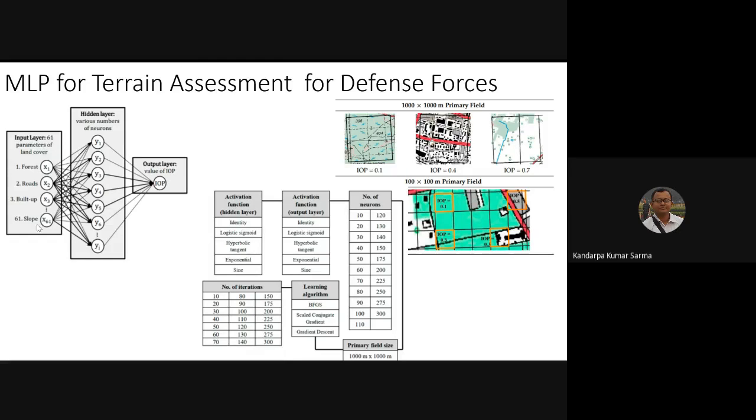So from satellite data, they could read these values and feed to multi-layer perceptrons, and then they could generate a particular terrain map, which are known to them for a particular reason on which they are deployed.